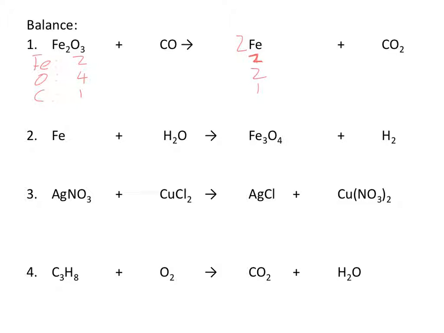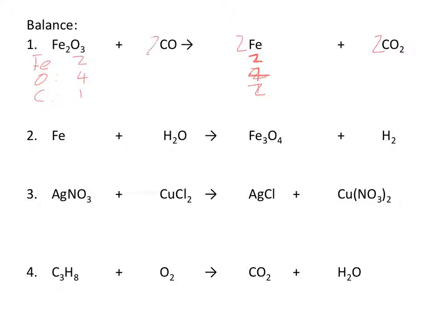So we're going to play around with the numbers a little bit because it's not immediately obvious how to solve this. So let's put a 2 here. And what that does is it means we've got 2 lots of carbon on the right, but it does mean we've got 4 lots of oxygen on the right. So the oxygen's sorted, but the carbon isn't.